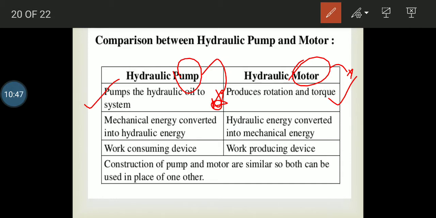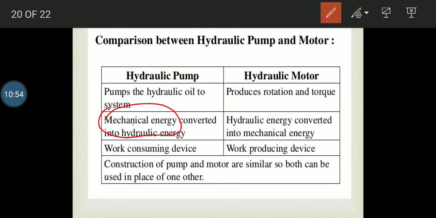These are the two functions of the pump and motor. Then mechanical energy is converted into hydraulic energy. Pump is a mechanical converter, so this actually converts the mechanical energy into hydraulic energy. And motor utilizes the hydraulic energy and converts it into mechanical energy.